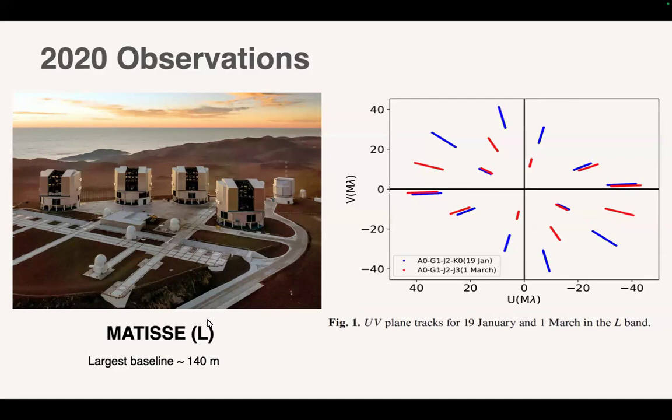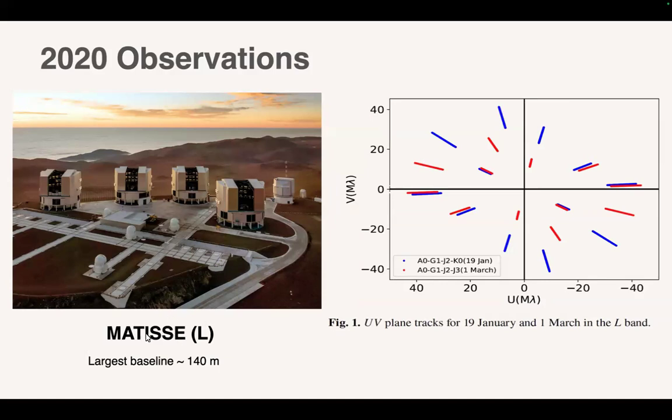The issue with this mid-infrared part of the spectrum is that if you space the telescopes too far, you won't be able to cohere the light, which is essential if you want to produce fringes, because you can only get destructive and constructive interference if you have coherent light.